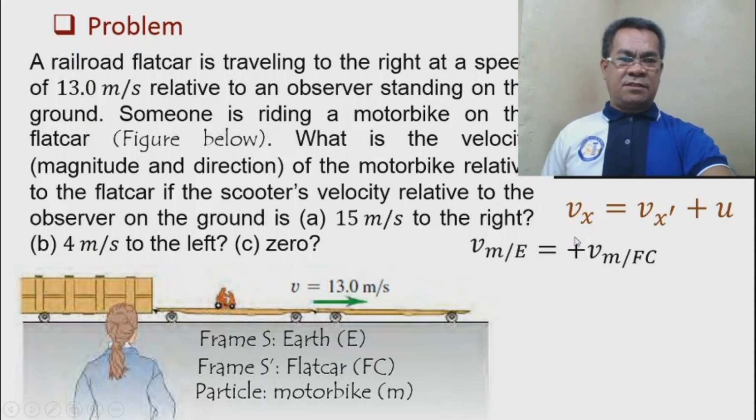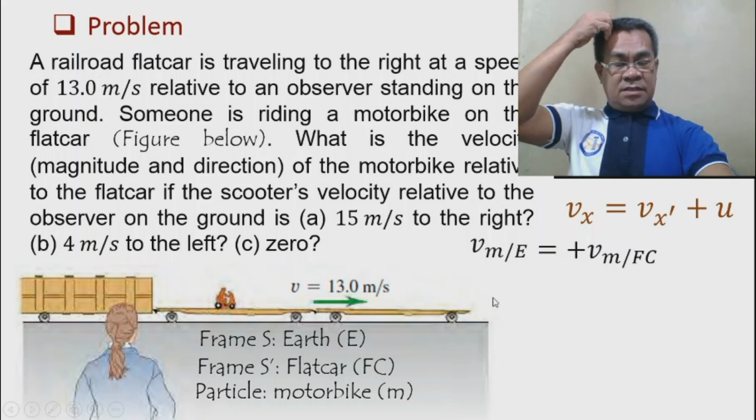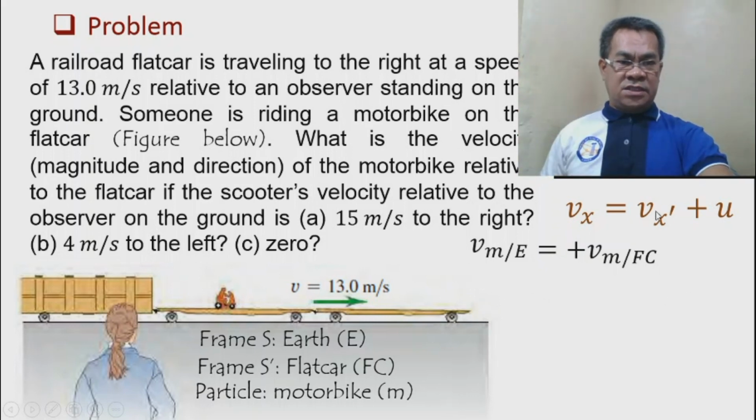Take note, this is positive because we assumed in our derivation that this is the same direction. Then it is added to u, which is the velocity of the flat car with respect to Earth.